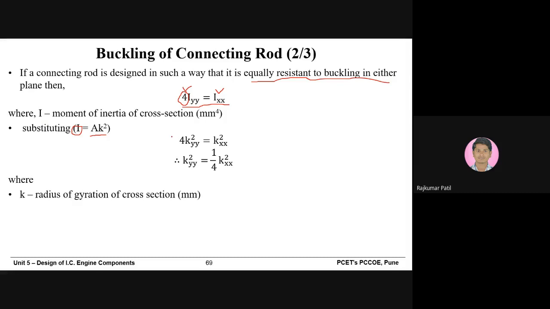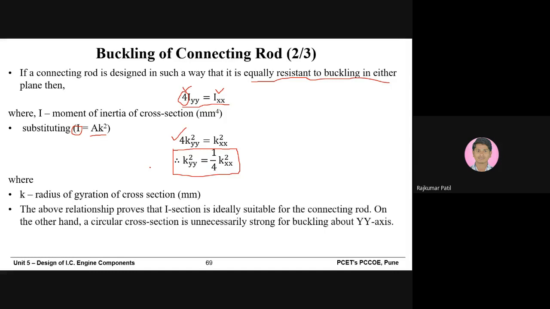So put the value I equal to A k square and simplify. Upon simplification, you will get kyy square is equal to 1 by 4 kxx square. So this relation is important.